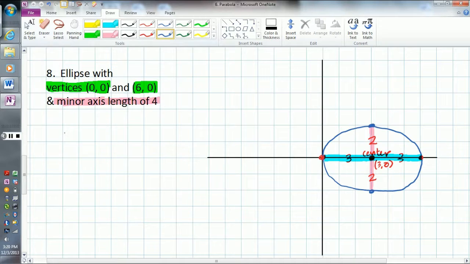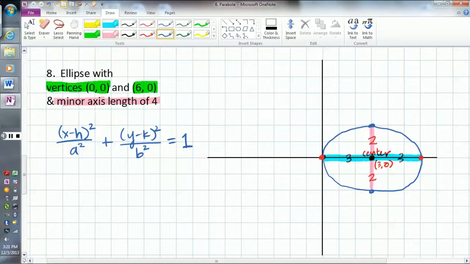The equation in general for an ellipse is (x minus h) quantity squared over the distance from the center to the vertex squared, plus (y minus k) quantity squared over the distance from the center up to the minor vertex in this case, and this equals 1.